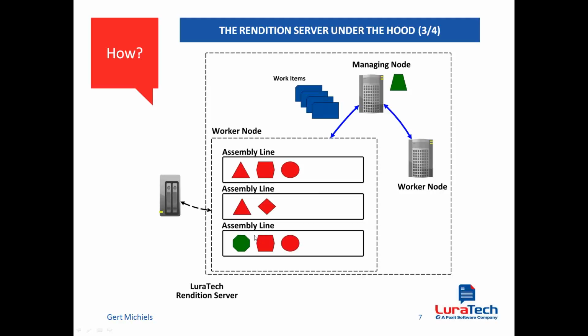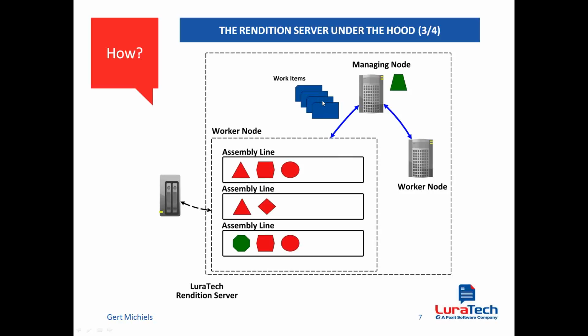So you can interchange your own components with LuraTech components to be able, for example, to generate a LuraTech quality PDF/A file, even if you have your own component sitting in front, just generating this PDF file. So that's what happens in the worker node.